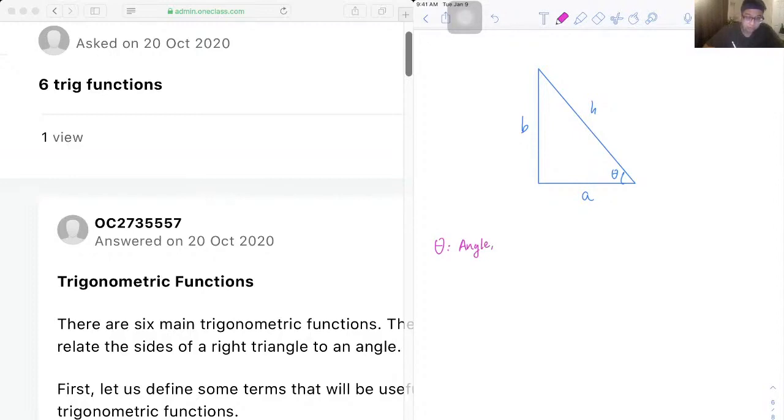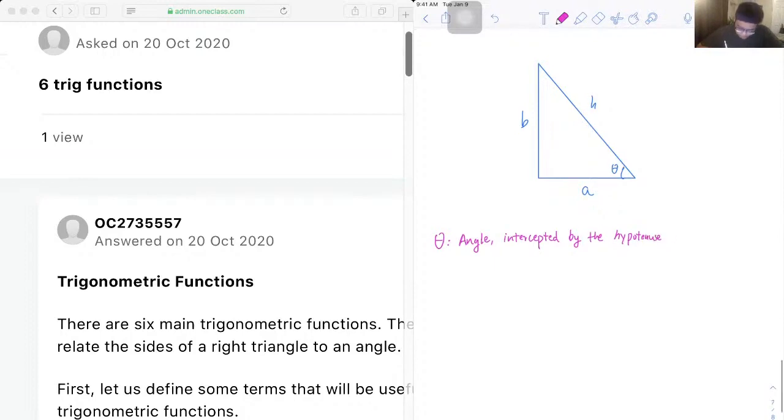So this is a measure of angle intercepted by the hypotenuse and the leg of a right triangle.